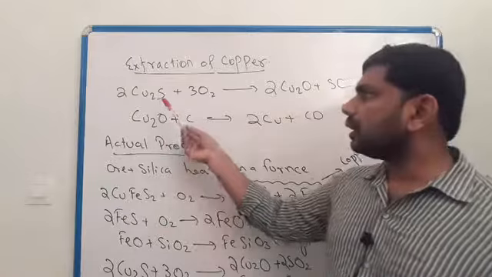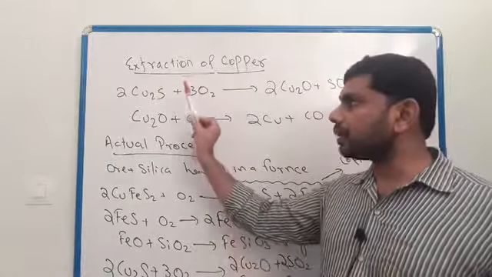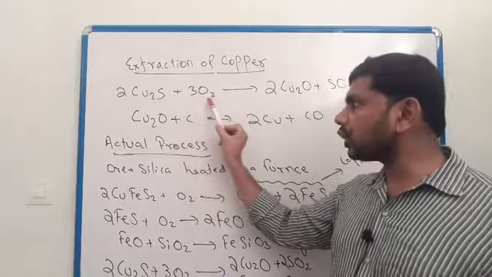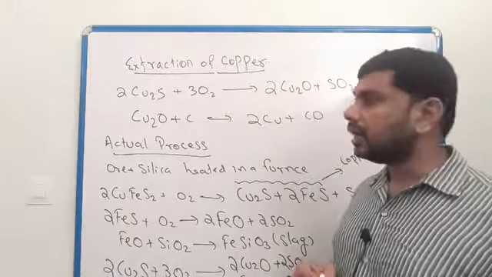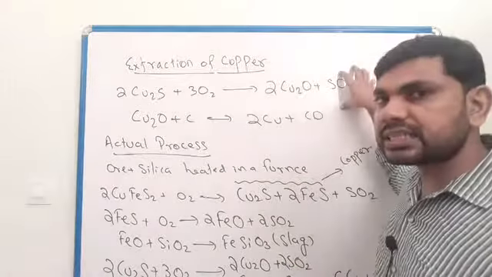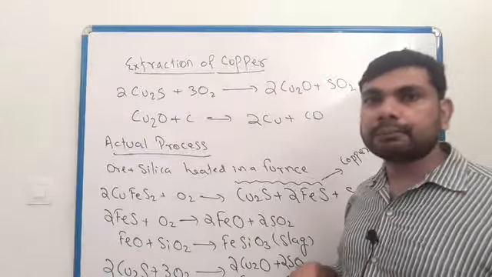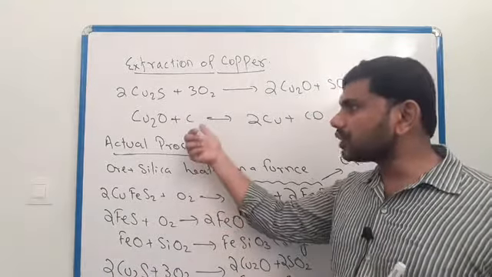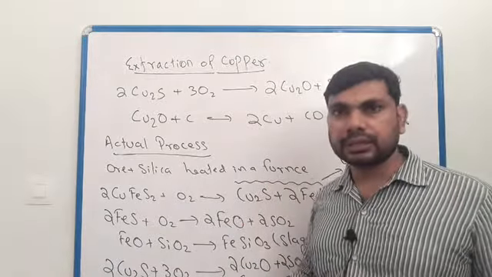Look here, the ore of copper which contains copper sulfide, on strong heating changes to copper oxide and sulfur dioxide. I told you, sulfur dioxide gas escapes outside, leaving behind copper oxide. Copper oxide reduced with carbon forms copper and carbon monoxide.